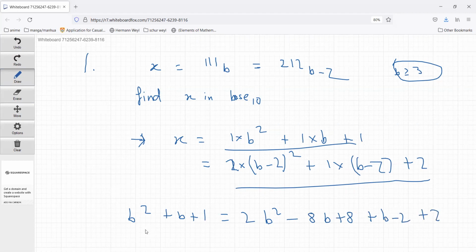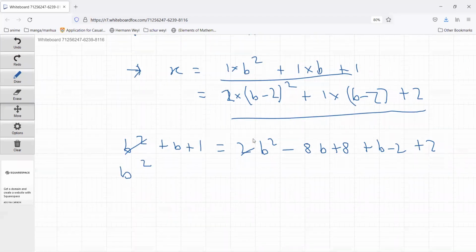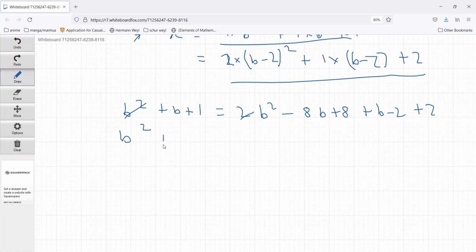Okay, simplifying both sides, we get b squared minus 8b plus 7 equals 0, so we can factorize this.